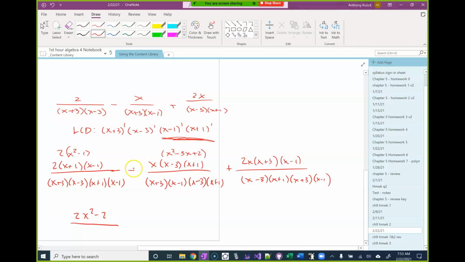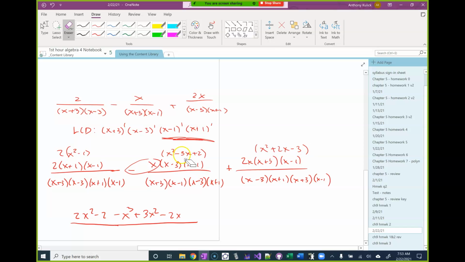And when I distribute the negative x through that, I get negative x cubed plus 3x squared minus 2x. And then here, x plus 3 times x minus 1 is x squared plus 2x minus 3.